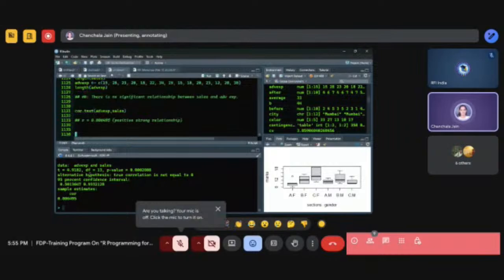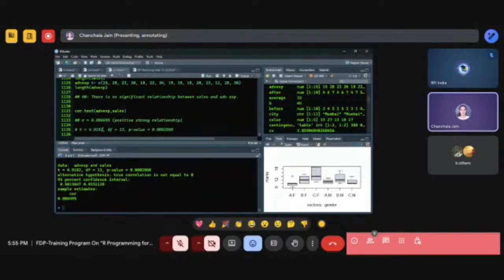Now you can notice one more thing, that you are getting the t value and its p value also. What is the purpose? This t and its p value help us to understand whether the correlation is significant or not. To understand the significance of the correlation value, we have the p value, which comes from the value of t. Looking at the p value, we can say it is less than 0.05.